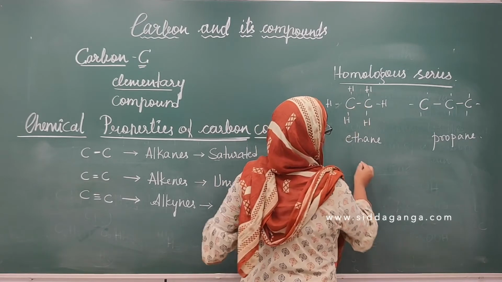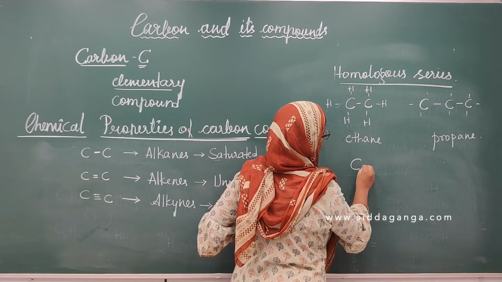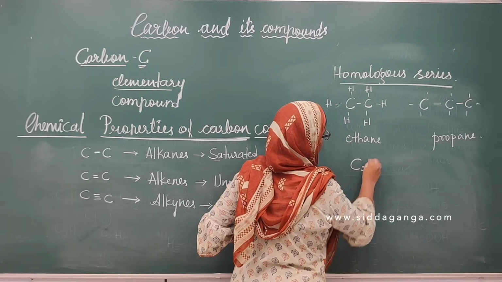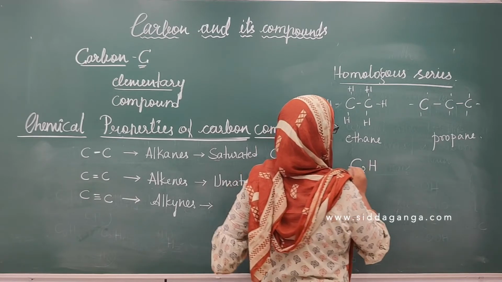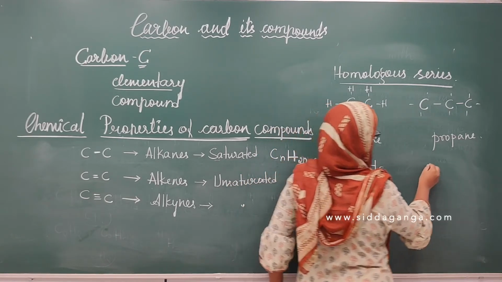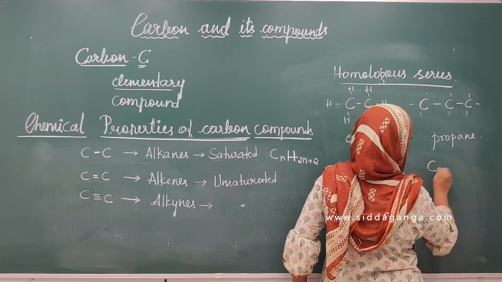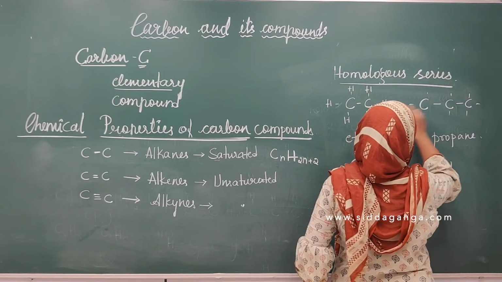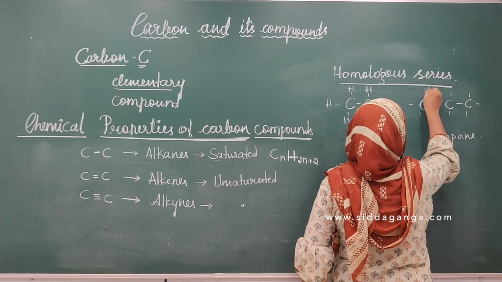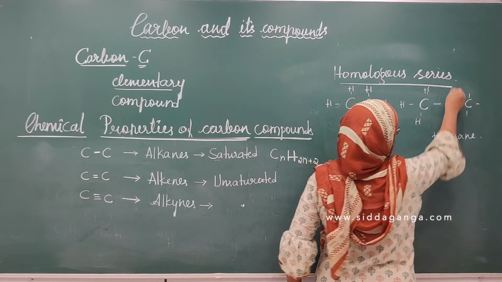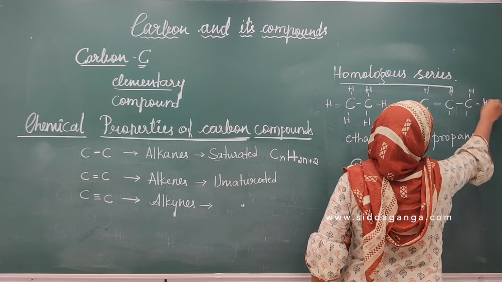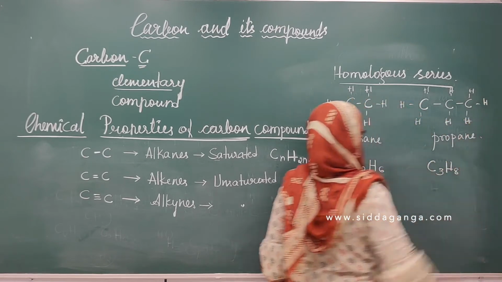How many carbon atoms are here? 2. So C2H6. And C3H8. Here it will come like this, 8 hydrogen atoms.